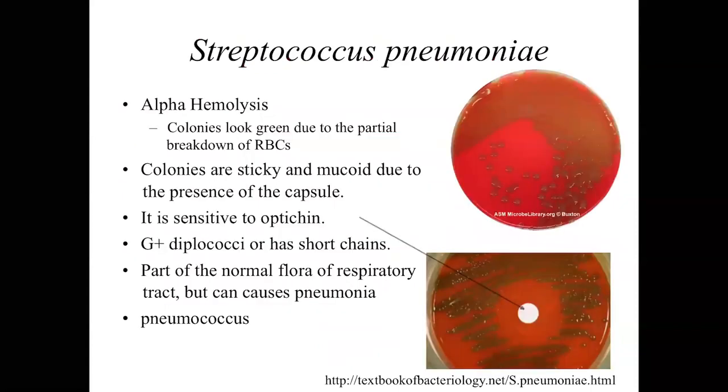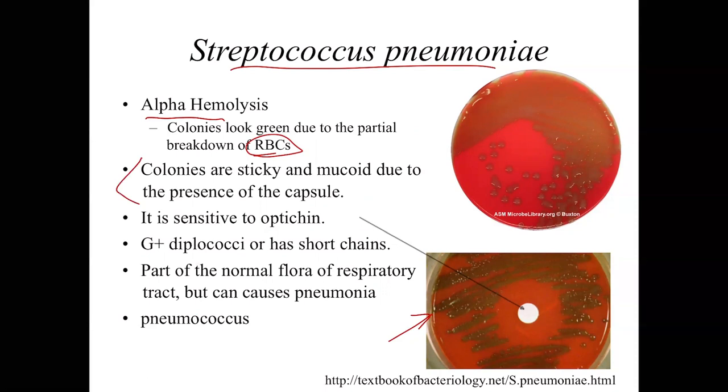Okay, so Streptococcus pneumonia does alpha hemolysis. Its colonies look kind of green. It's not a pretty green, it's kind of a dark green. The green is due to the partial breakdown of the red blood cells and the hemoglobin. You guys learn about that in anatomy when you talk about bile.